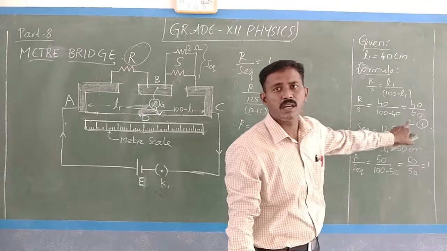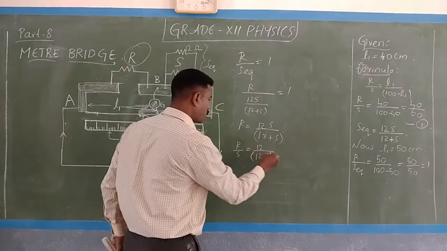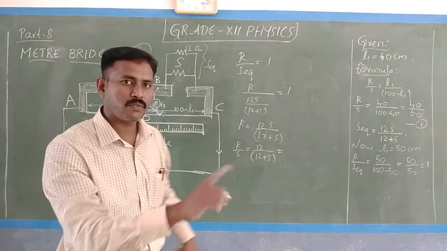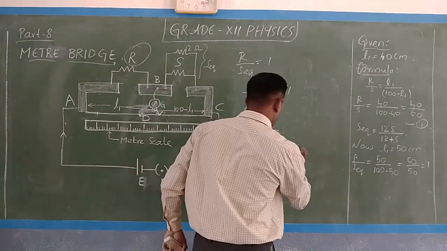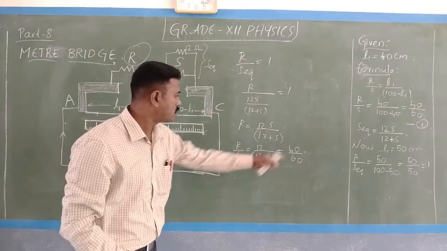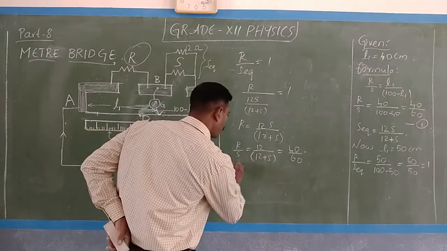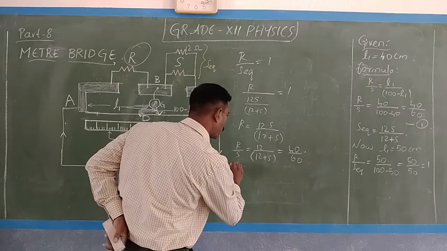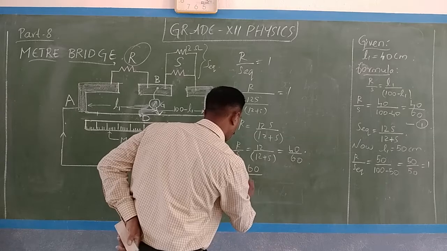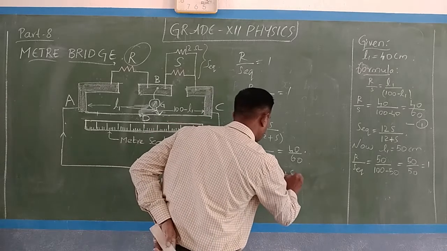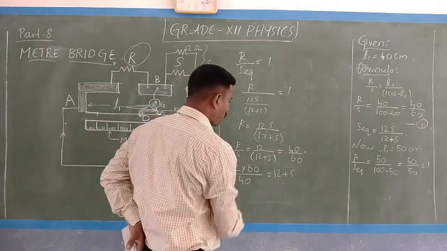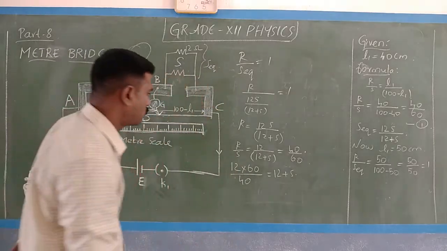R by S value is 40 by 60. So then this is equal to R by S value. You equate 40 by 60 from the first equation. You then cross multiply it. So 12 times 60 divided by 40 equal to 12 plus S. Okay, so after calculating this, what do we get?